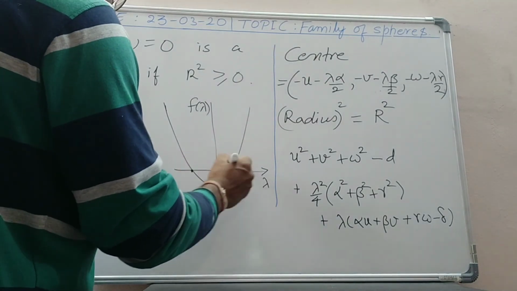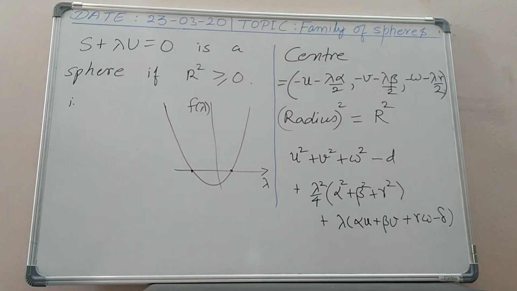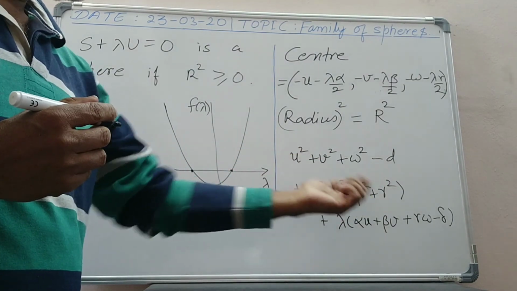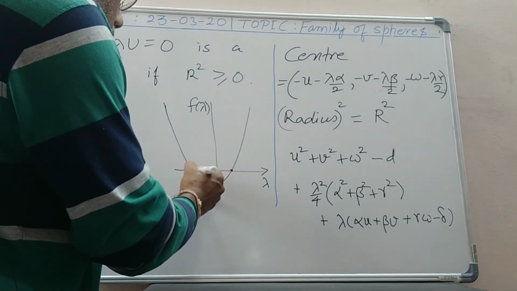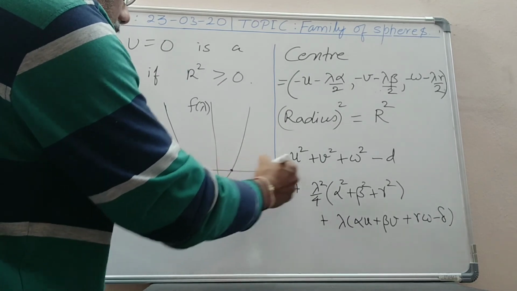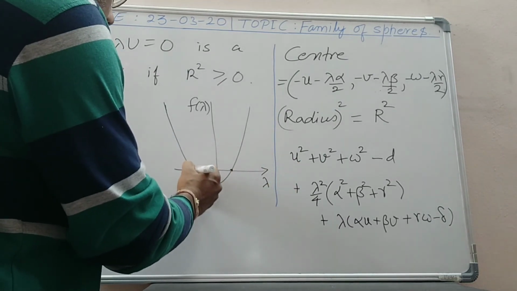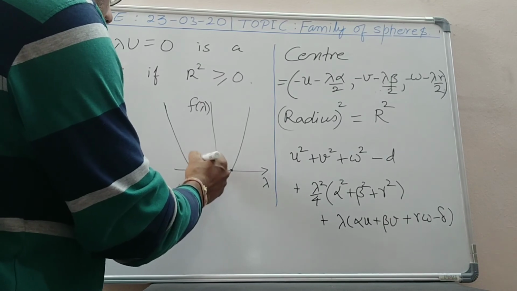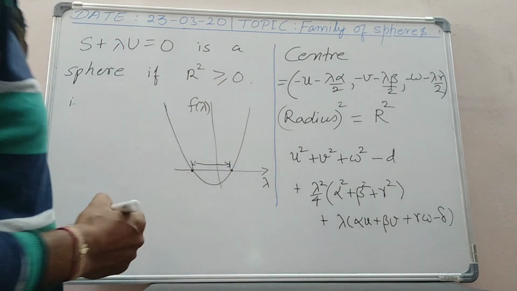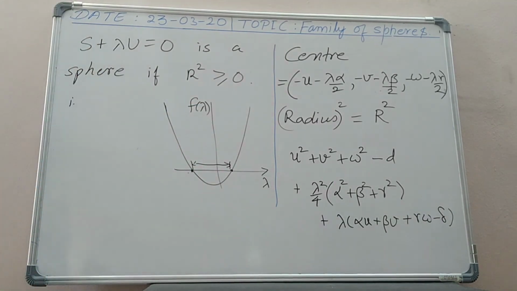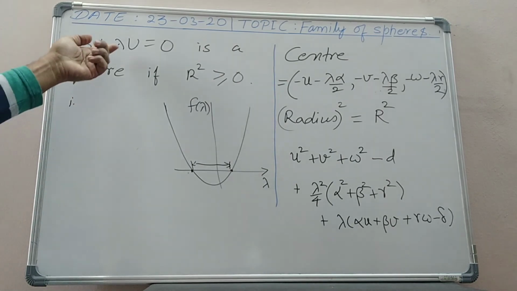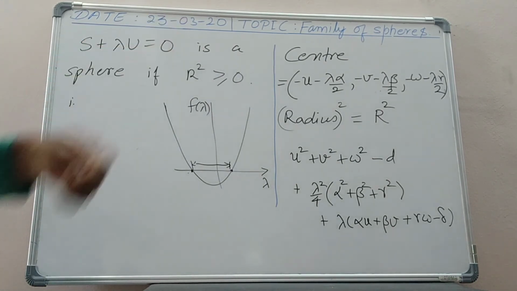Can you get these points? If you equate this thing to 0, you will get those points. And for the values which are below the lambda axis, so for the range of values of lambda from here to here, f lambda is going to be negative, and such a value of lambda will not give you a sphere.